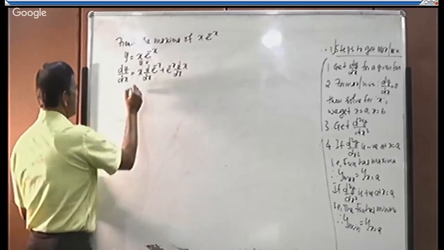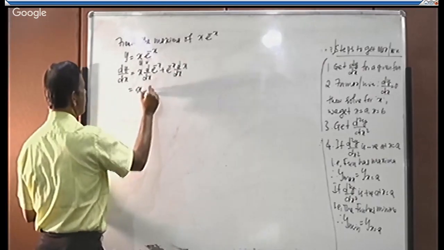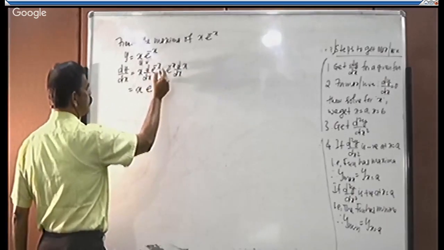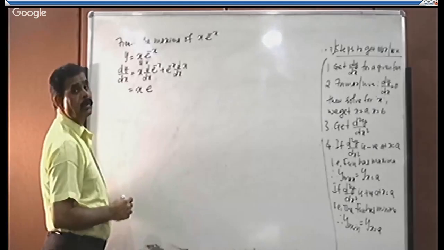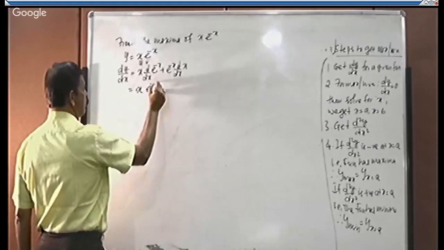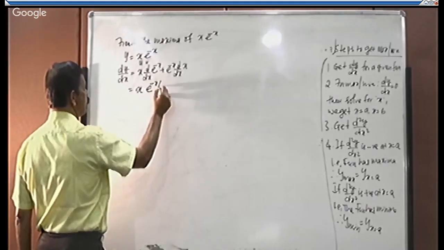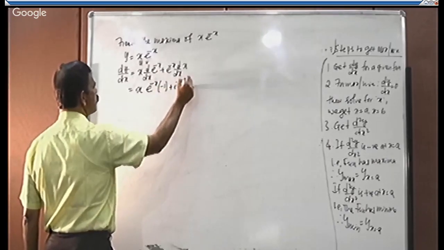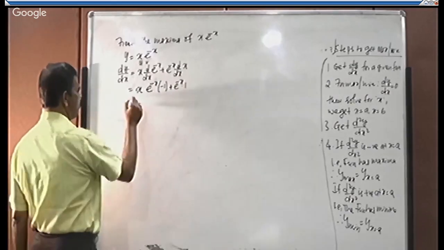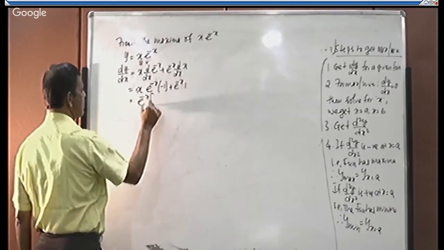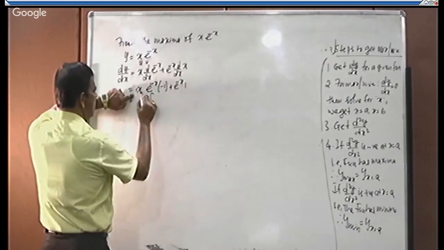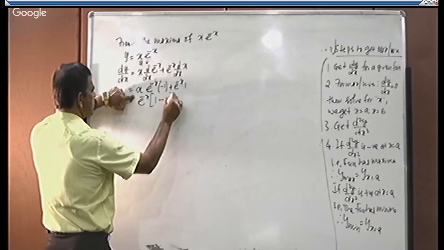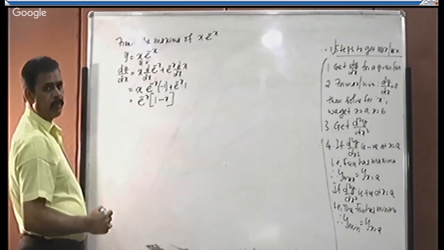It is equal to x into the differentiation of e power minus x, which is e power minus x into the differentiation of minus x, that is minus 1, plus e power minus x into the differentiation of x, which is 1. Now if I take e power minus x common, I will get minus x plus 1, that is 1 minus x. This is dy by dx.